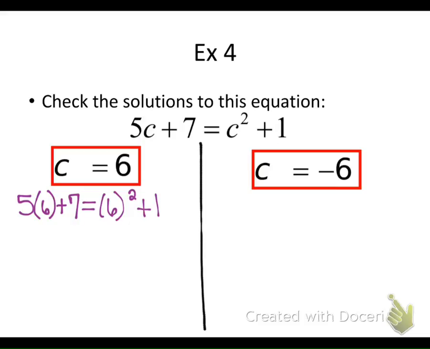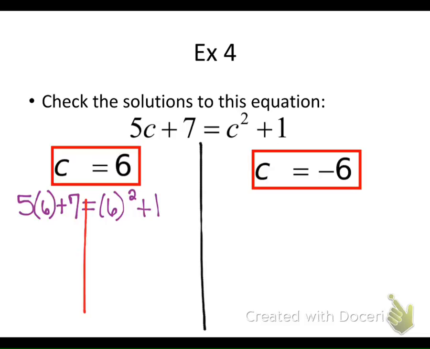Now, I'm going to go ahead and draw my line through my equal sign. And I'm going to work my left side of the line of equality first, then my right side.